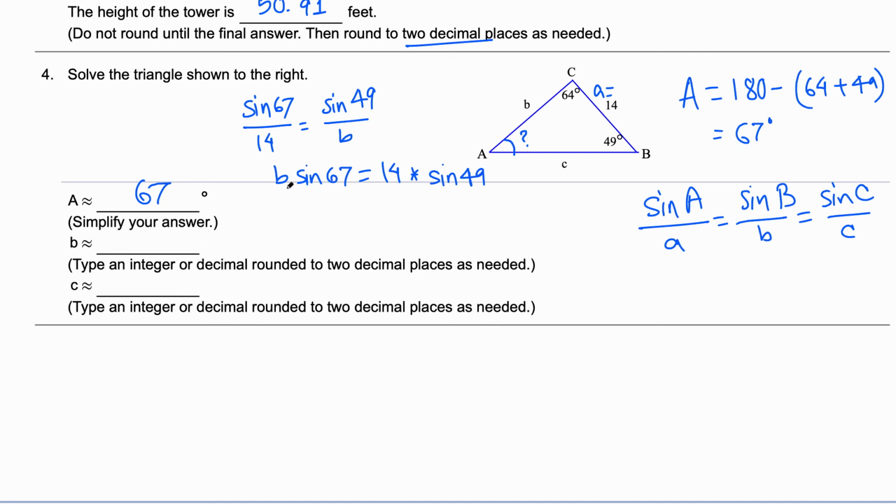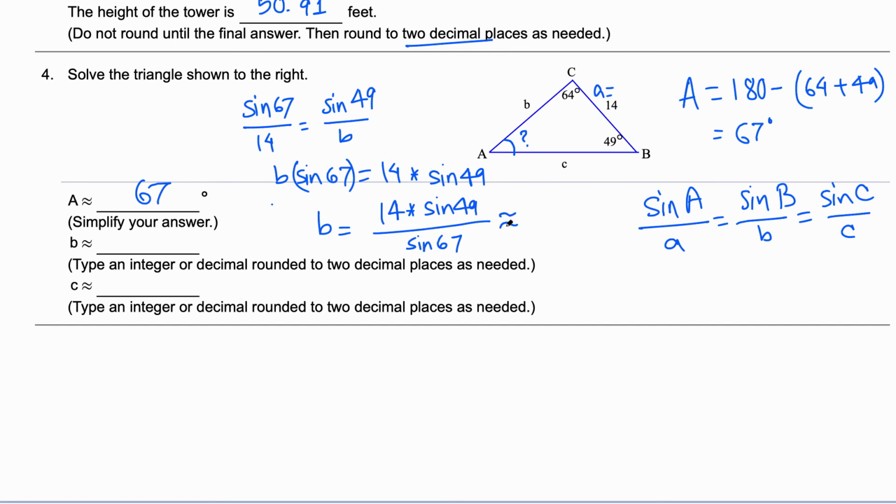Okay, now we can determine B. To isolate B, we divide both sides by this decimal number, sine 67, so B equals 14 times sine 49 all over sine 67. Now use your calculator all at once. Just enter everything in your graphing or scientific calculator: 14 times sine 49 divided by sine 67.